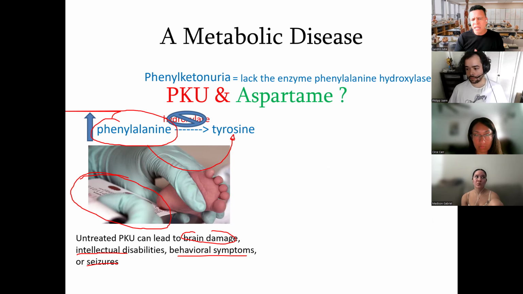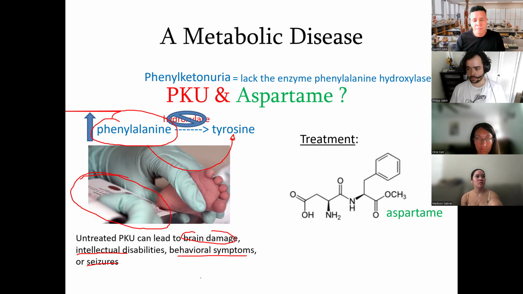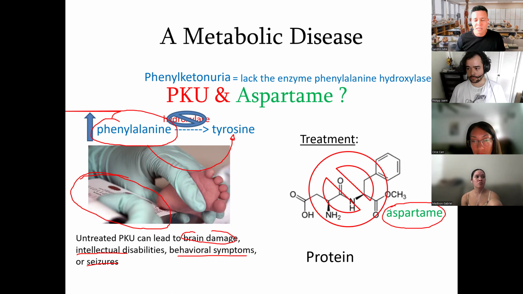Now, why do we need to know this so early on, as soon as the baby is born? Because if a baby does have PKU, that baby cannot consume aspartame, an artificial sweetener, and cannot consume animal proteins.